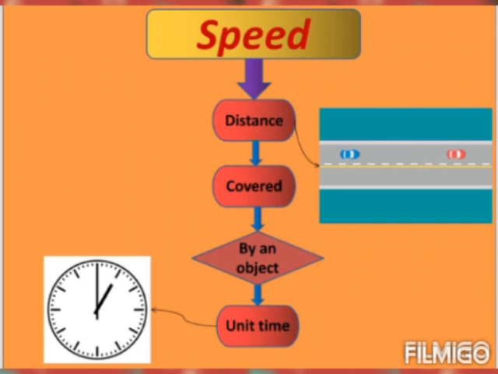The red car is faster than the blue car because it covers a larger distance. So we can say that the speed of the red car is greater than the speed of the blue car.